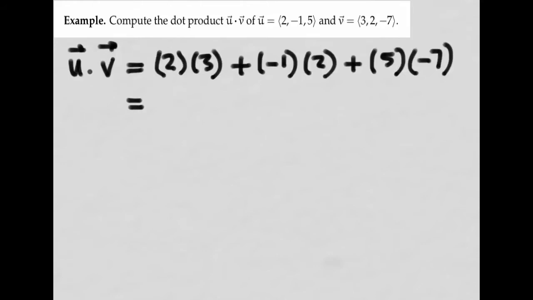That's equal to 6 minus 2 minus 35. That's minus 37 plus 6, which equals minus 31.